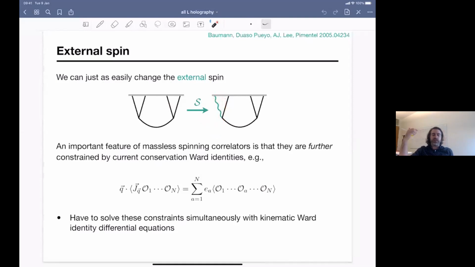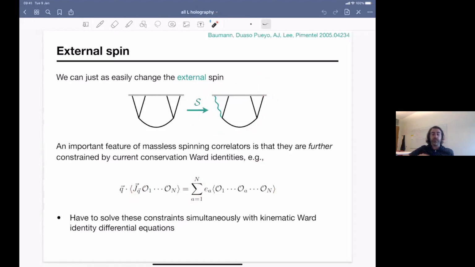And so just as a very simple example, if you have a spin 1 current on the boundary, its longitudinal part is not completely free. Its longitudinal part is fixed in terms of lower point functions, basically by some current conservation Ward identity. And so the challenge of computing correlators of massless spinning particles in de Sitter is slightly more constrained in the sense that you have to find objects which both are consistent with de Sitter symmetries and which also satisfy these current conservation Ward identities.